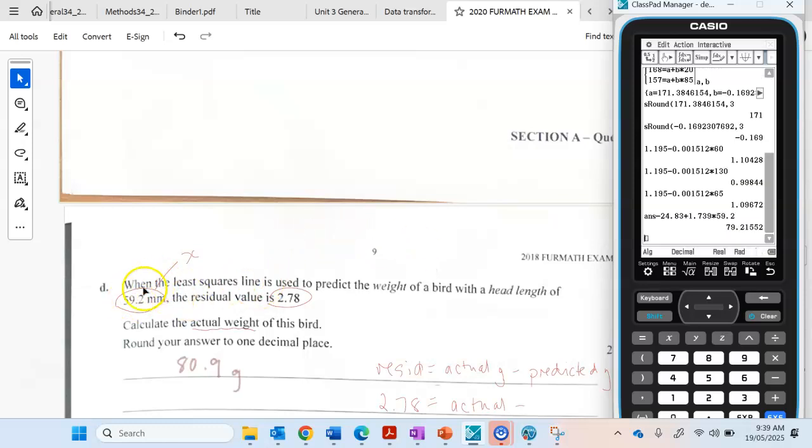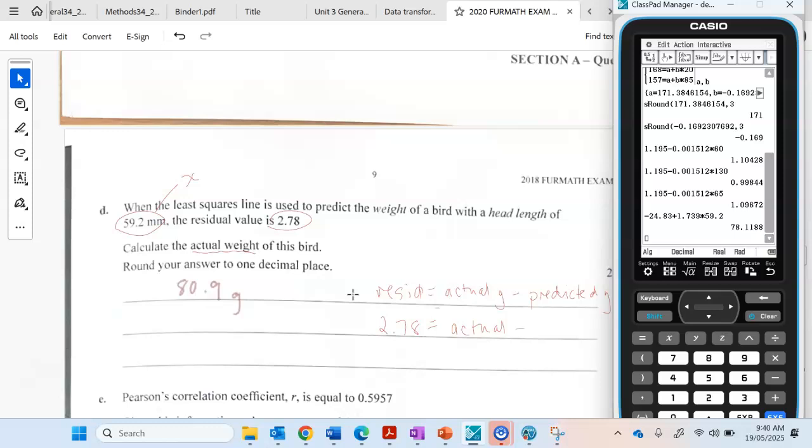So the 59.2 was your head length. We're looking at weight, so we had to use the equation. Oh, sorry, that's not right, start again. 78.11. The answer came down on my calculator, which I didn't notice at first. Okay, so we want the weight, so it's 78.1188.